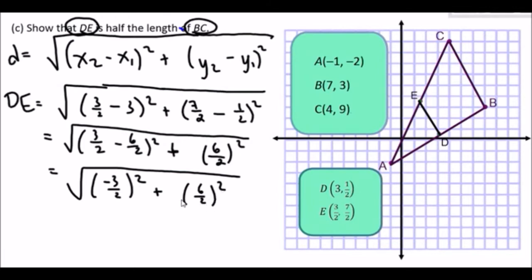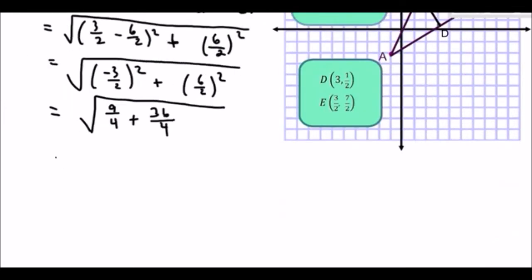So I'm actually going to leave them both with the same denominator so that I can end up with the same denominator after I square as well. So negative 3 squared is 9 and 2 squared is 4. 6 squared is 36 and 2 squared is 4. So in that bracket, I have root 40 over 4.